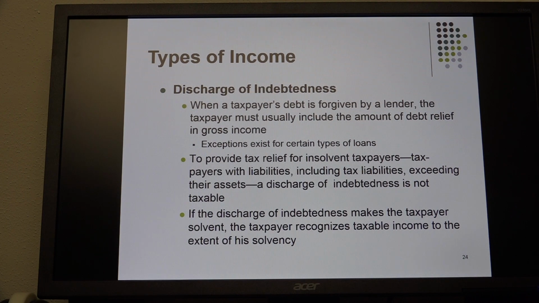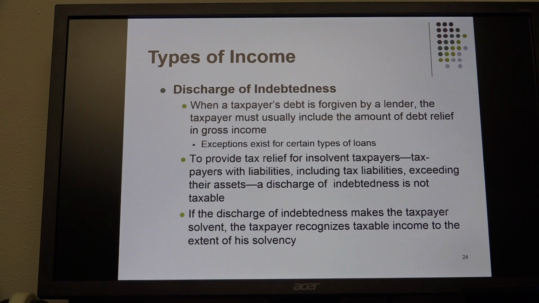Discharge of indebtedness is another form of income that must be included in gross income. So let's say you have a charge card. You have a MasterCard or Visa, and you just can't pay the bill, and you let it go into default.